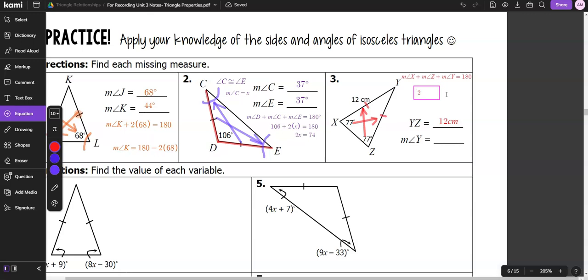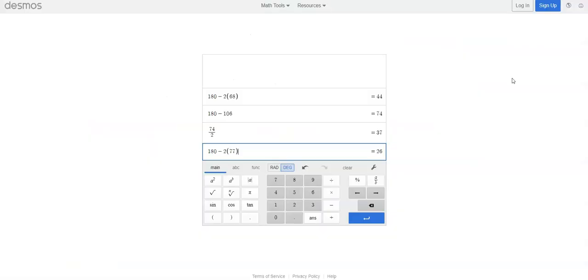So 2 times 77 plus the measure of angle Y is equal to 180 degrees. And then if I subtract the 2 times 77 from both sides, I'm going to end up with the measure of angle Y equal to 180 minus the two 77-degree angles, and I get 26 degrees.